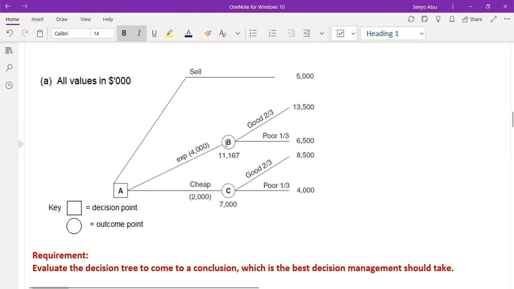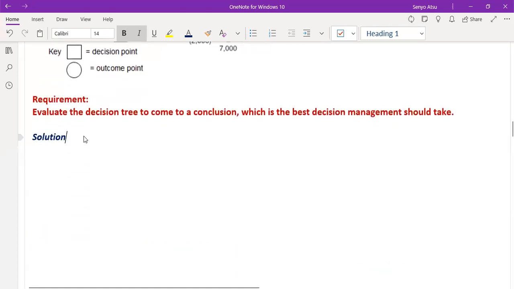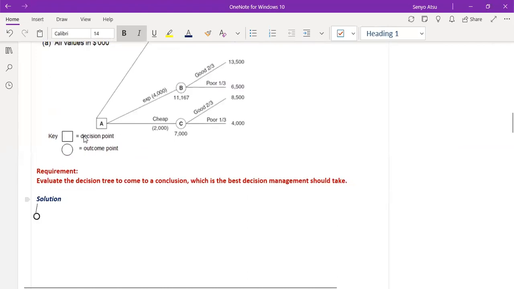But the point where there are outcomes, which may result in this or that, at point B, we've got to calculate the long run average, which we call expected value. Probability of 2/3 times 13.5. That's P times X. Plus probability of 1/3 times 6.5.